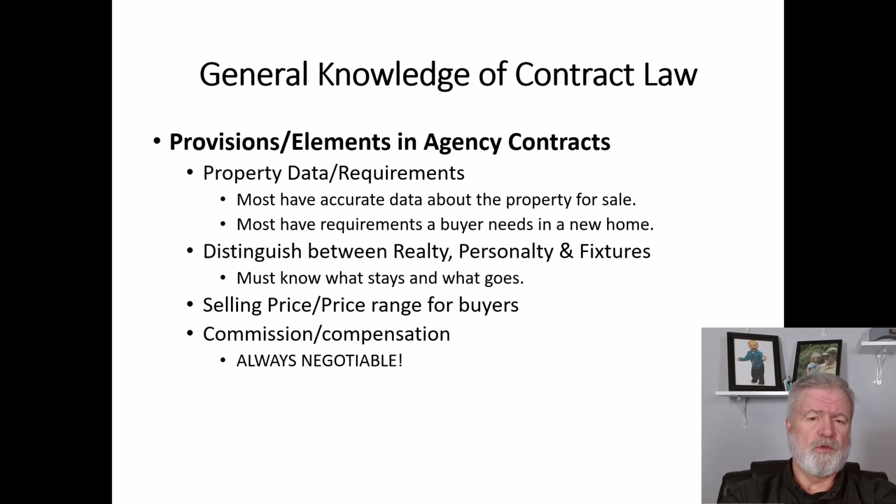Now, when you see the word realty there, realty is just another term for real property. Personal property is anything that's not attached. And then fixtures are basically personal property, but they have been attached to real property. Just to be clear, once fixtures are attached, they stay. That's included with the sale because it's been attached to real property. Personal property, things that are not attached, furniture, stuff like that, is not included.